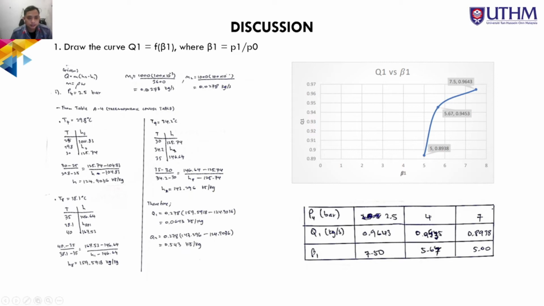We get the enthalpy is 143.296 kilojoule per kilogram.